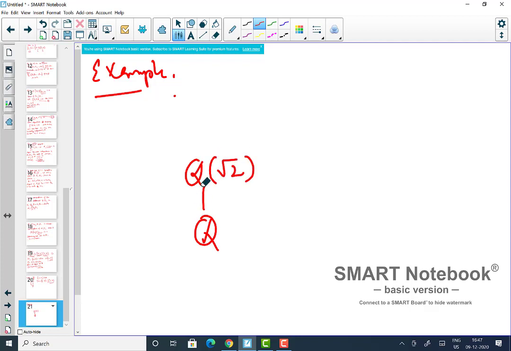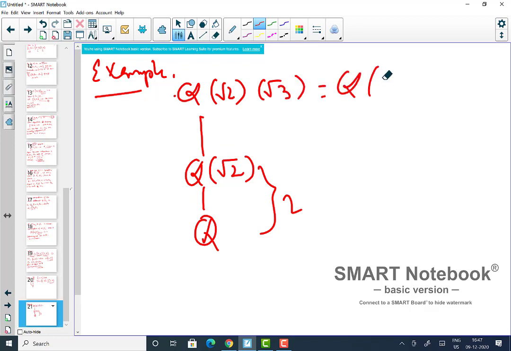This is a finite extension, a degree 2 extension, and you see that over Q(root 2), root 3 is also irreducible, so you can talk about Q(root 2)(root 3). Okay, actually it is Q(root 2, root 3). I mean this is almost obvious, but if you need a proof, then I can give a proof.